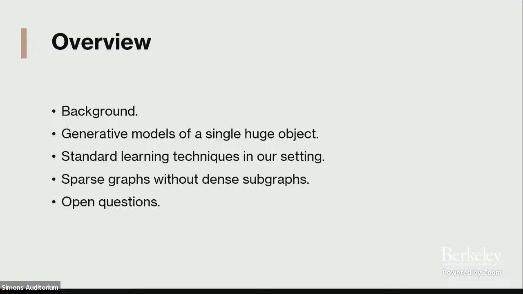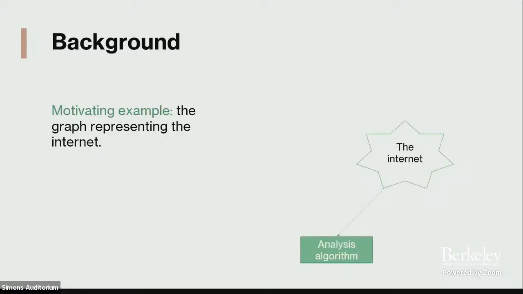So to start, I'm going to give a motivating example. Suppose I want to analyze the graph representing the internet, but I have a really simple analysis I want to do. I don't actually need all of its complexity. I don't actually need everything. I just maybe want to know how many connections we have between two large domains, say West Coast and East Coast. So I don't really want the graph representing the internet.